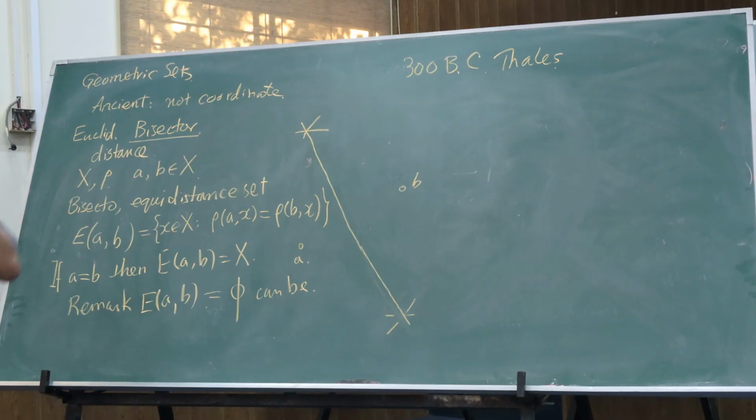You still remember his definition? When I ask this question to our students all over the world, a parabola is y squared equals 2px. But it was not Thales, because Thales had no coordinates. So he said something else.